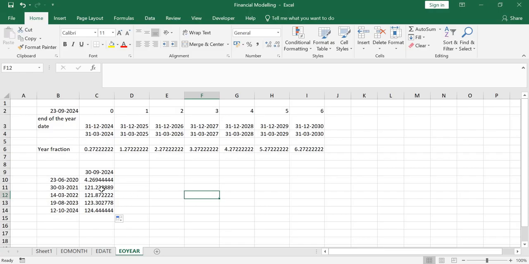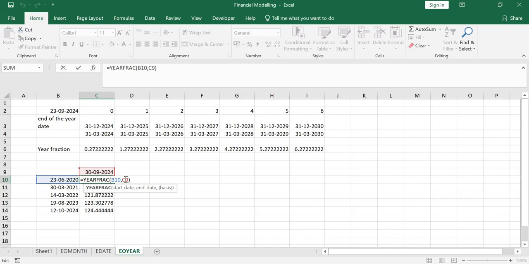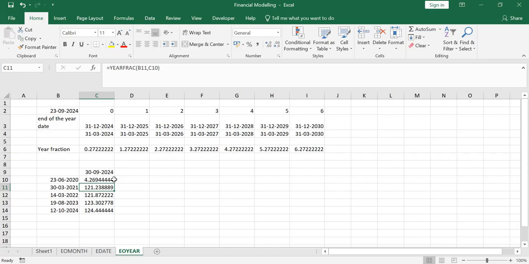Now again you will observe that the difference between 30th of September and 23rd of June is 4.26 years, but between the 30th of March 2021 and 30th of September, the difference is not 121 years. So again, what mistake I have done, in this case this date is fixed, so I have to fix this date. So now I'll put the $ sign and enter, and I'll drag it. Now you can observe this.